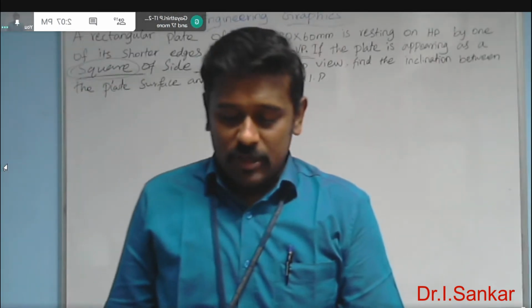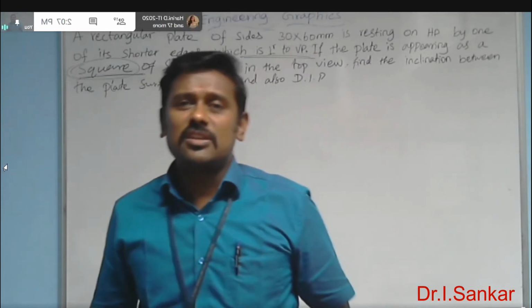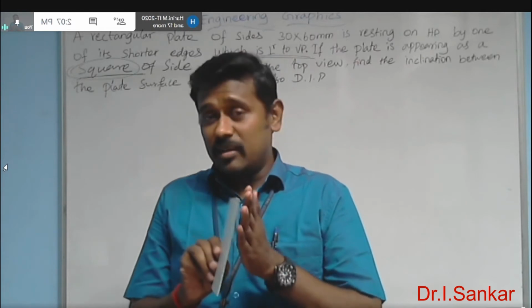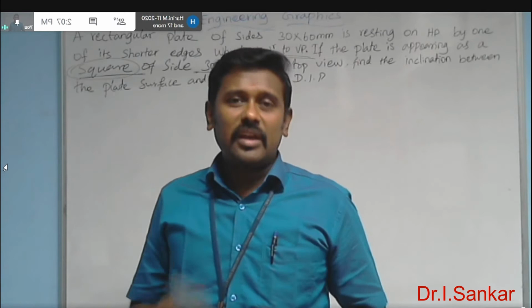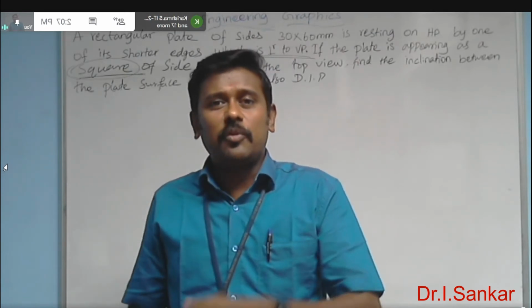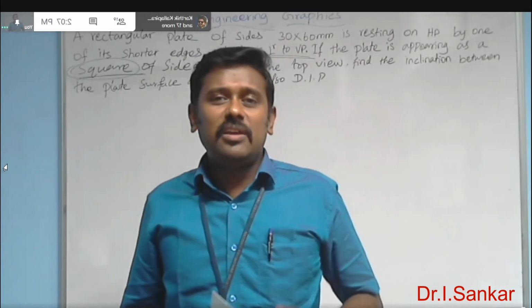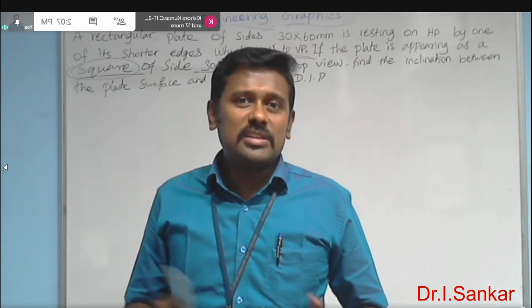In these kinds of problems in the previous sections, we just had the inclination of the plate's surface with respect to the horizontal plane or vertical plane. Thereafter, using that, we just drew the simple front view and top view, and by including the angle of inclination in the next station, we finalized the final front view and the final top view. This is our work nature in the previous questions.